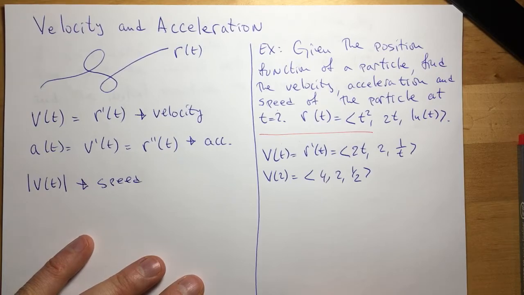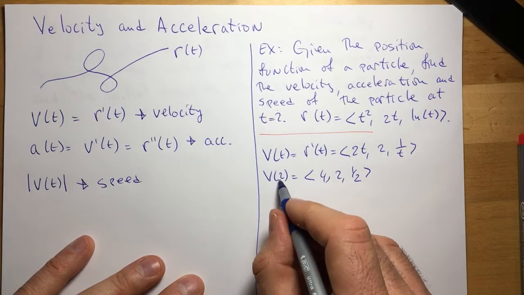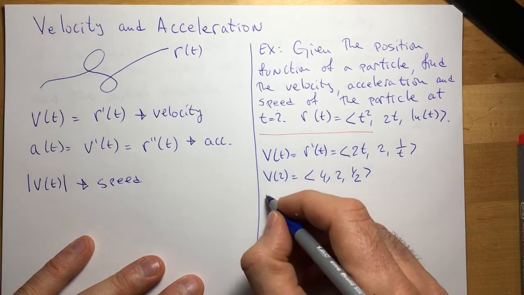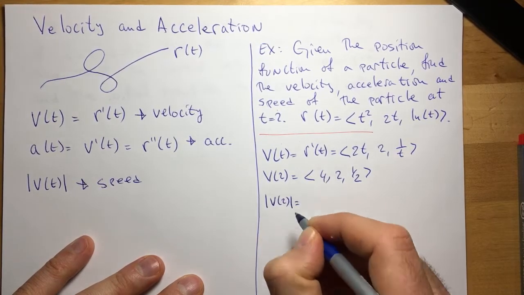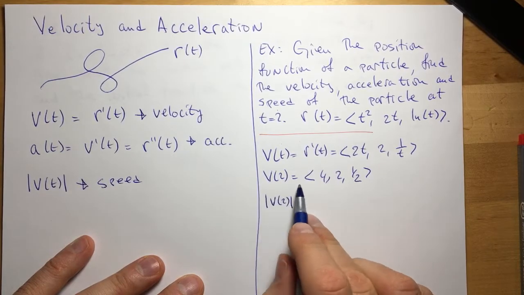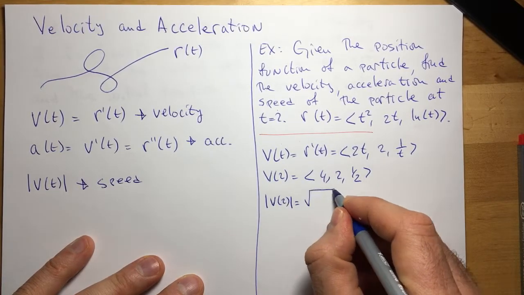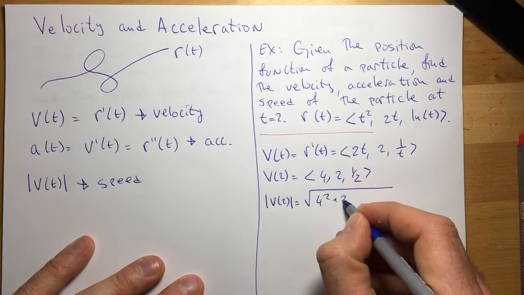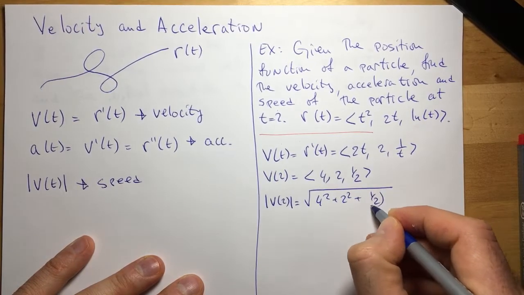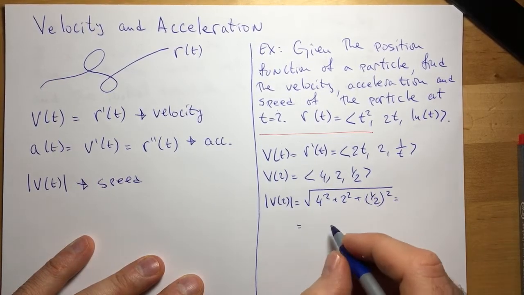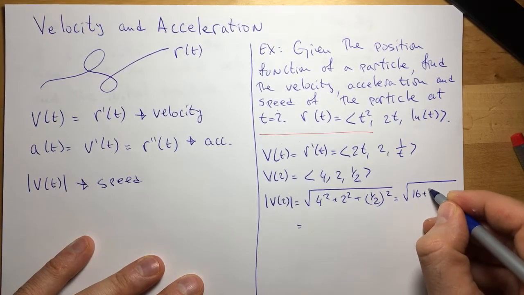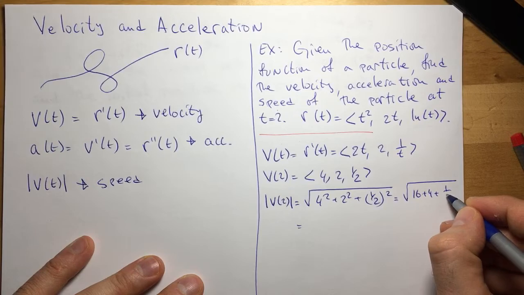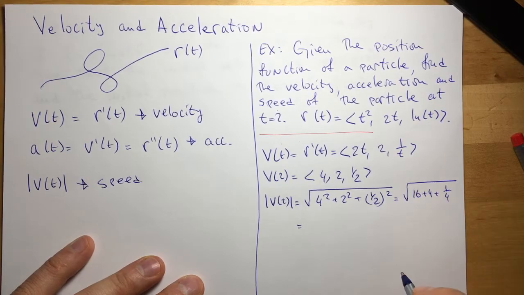So now if I want to find the speed here, I just have to find the magnitude of this velocity vector. That is the square root of 4 squared plus 2 squared plus 1/2 squared, which is the square root of 16 plus 4 plus 1/4.